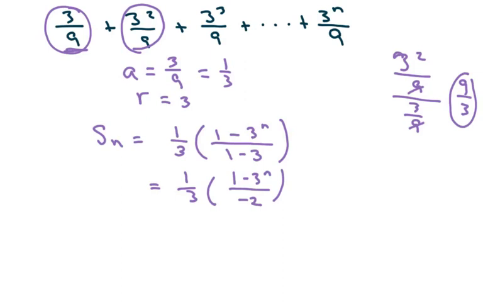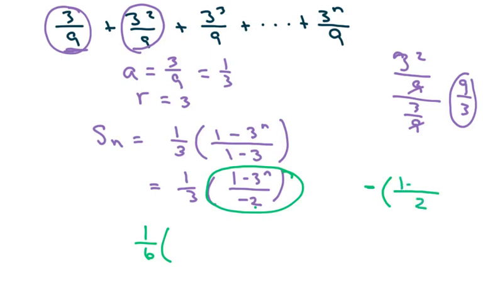And I'm going to go ahead and multiply these two and do what I did last time. So let me do it again. I'm going to multiply the 2 times the 3, and I'm going to get 1/6. And I'm going to pull out a negative here, and when you do that, that's going to be -1 plus 3 to the little n.